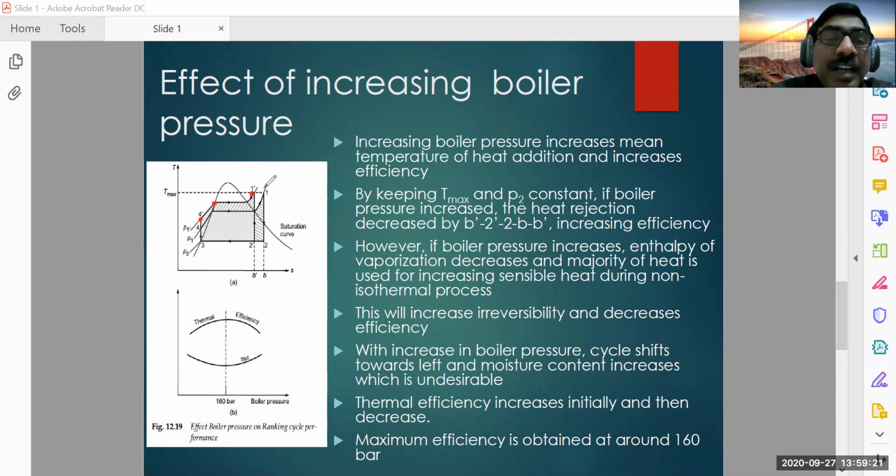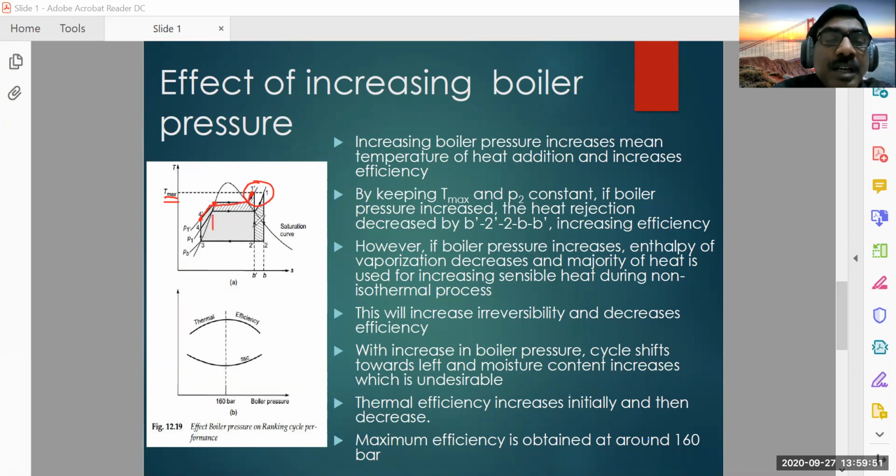Okay, but again, you see here, this is the Tmax. We should not cross a particular temperature for a given setup because of the metallurgical constraints. So assuming that the maximum temperature is constant, and we are going to increase the boiler pressure, the typical curve will be like this. So you are stopping at this particular temperature of heat addition. So what is the difference here?